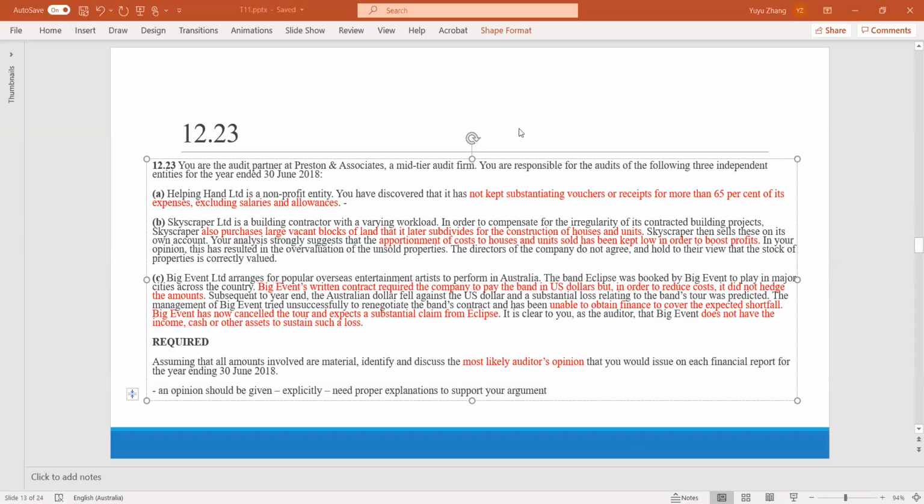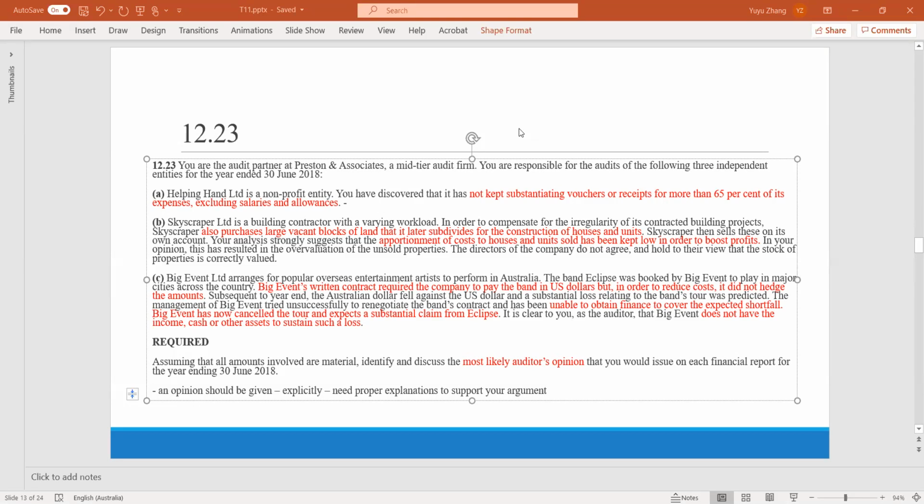Modified? Okay. Under modified opinion, there are 3 different types of modified opinion, is that right? As we discussed, based on the reasons of the modification, there are 2 main streams of reasons. One is material misstatement, the other one is limitation of scope.